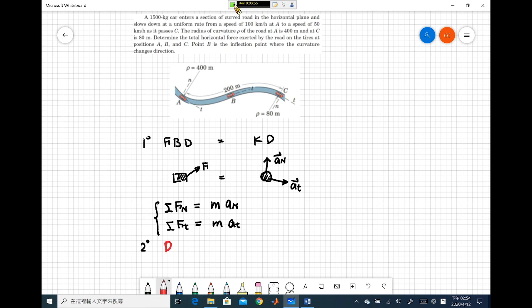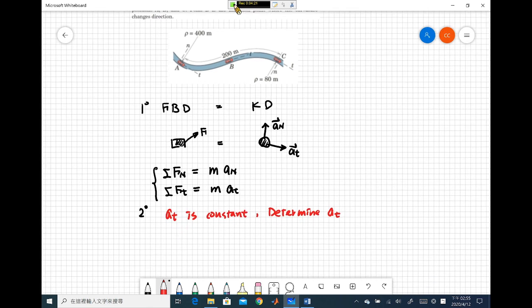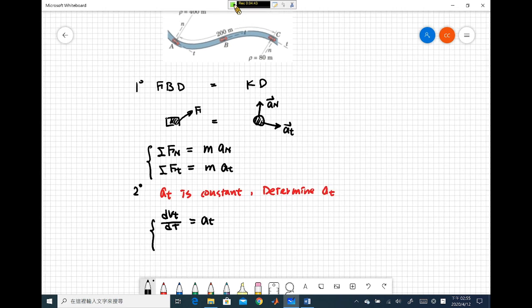So we know at is constant, and we want to determine at if possible. Okay, so again, we know dvt over dt will be at, and also we know from this graph, from point A to point C it's 200 meters. So ds over dt will be equal to vt.